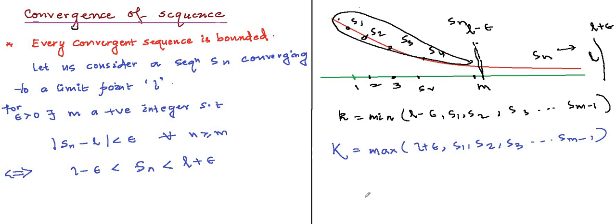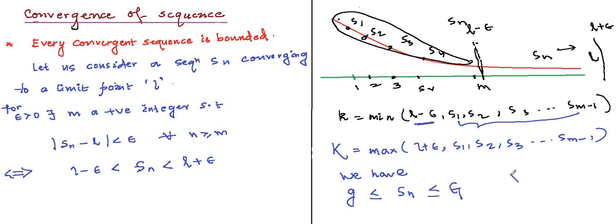So we will have small k, which is lesser or equal to Sn. It may be from this set, that's why the equal sign has been given, and it can be this one, so that's why the lesser sign has also been provided. Or Sn can be lesser or equal to capital K for all n. Hence Sn is bounded.